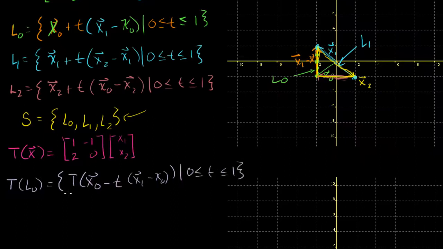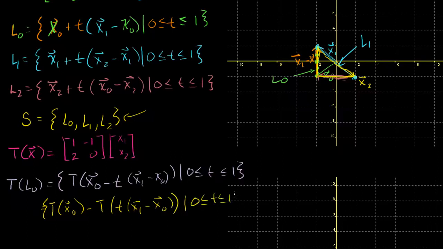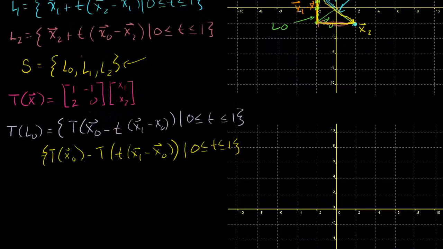Just by the properties of linear transformations, this is equal to the transformation of x naught plus the transformation of our scalar t times x1 minus x naught, for all t's between 0 and 1. And then what is this equal to? If I take the transformation of a scaled up vector, that's just a scaled up transformation of that vector.